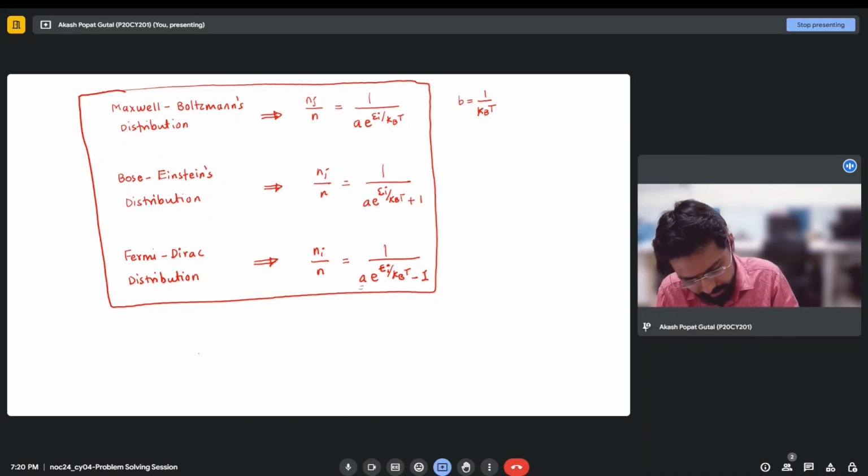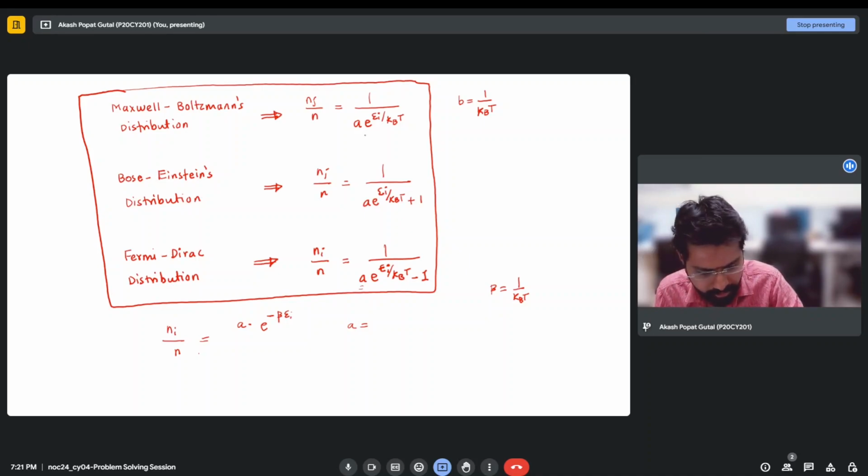Let's say for the Maxwell-Boltzmann distribution, we got it as A into e raised to minus beta epsilon i, where beta is equal to 1 by kBT. But we found that A is nothing but 1 upon, here A is at the denominator.